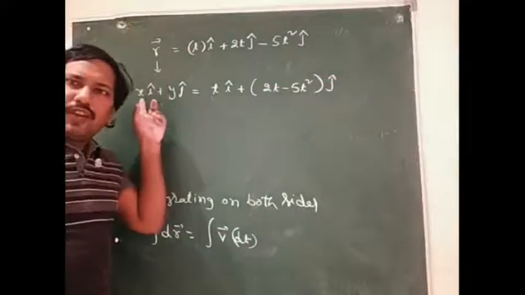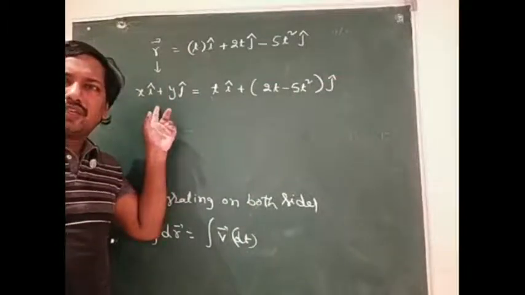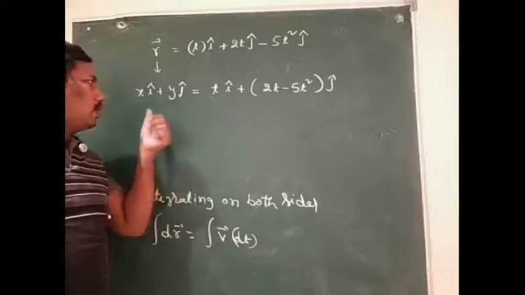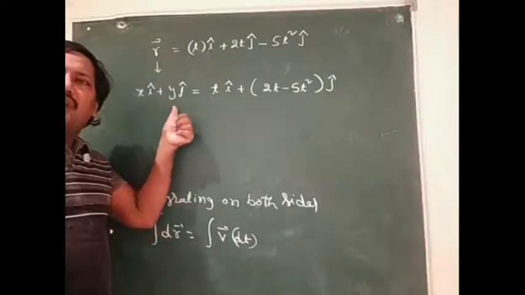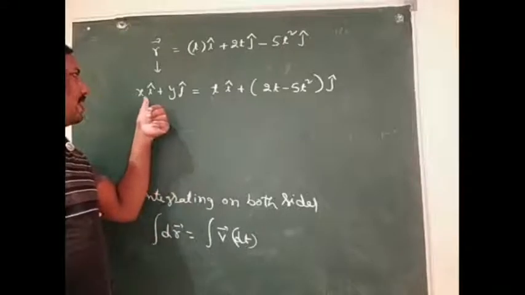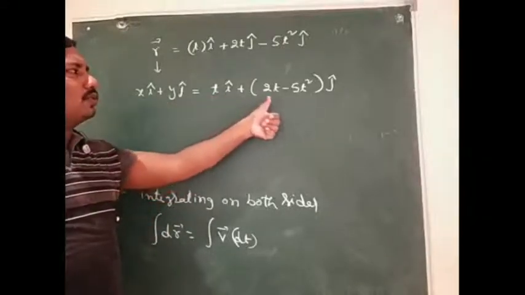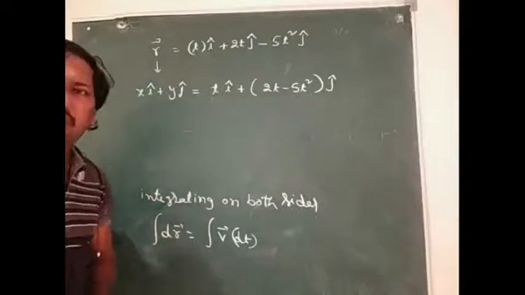When a body is projected in the upward direction, the projectile moves in a two-dimensional plane, so there are x and y coordinates. Therefore x i cap plus y j cap equals t i cap plus (2t minus 5t square) j cap.